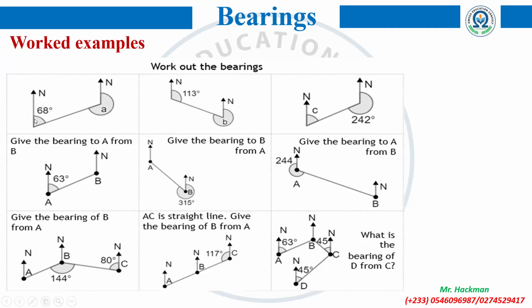From here to here, now I'm moving from here to here, so I'm going back. So I can get the back bearing straight away by using the back bearing technique. So the A that I have here will be 180 plus 68, or 68 plus 180. Do you get the point?